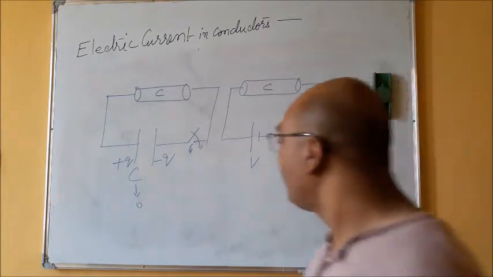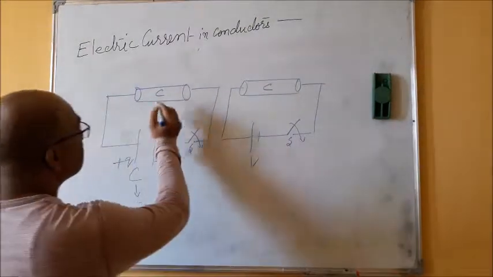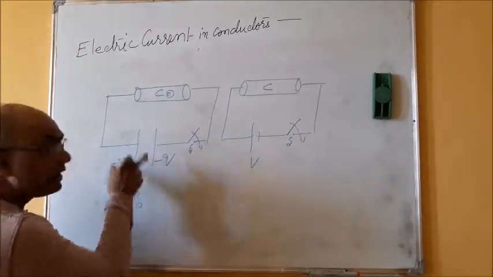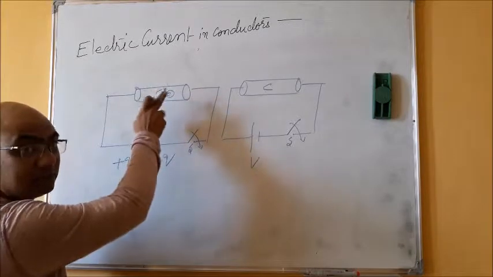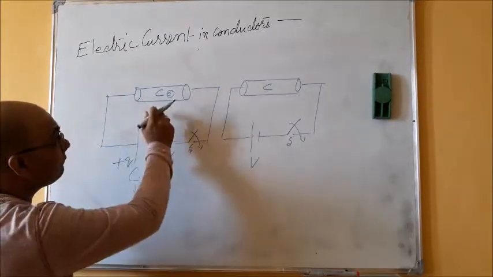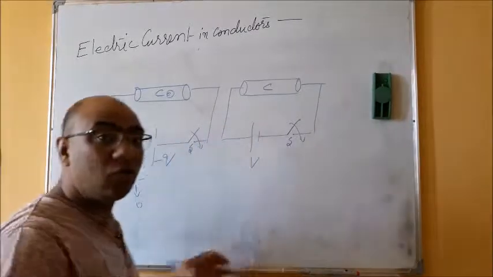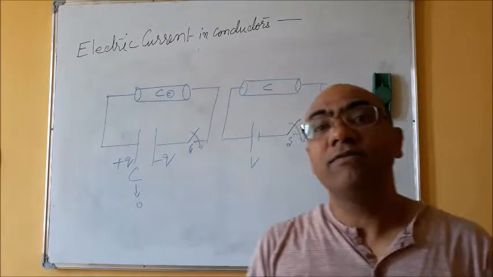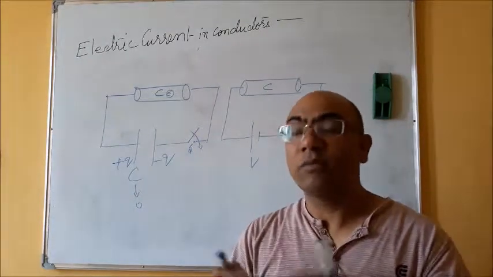As I told you, here we have electrons, and they start to flow, and when they flow, they strike with one another and reduce their energy in the form of heat.